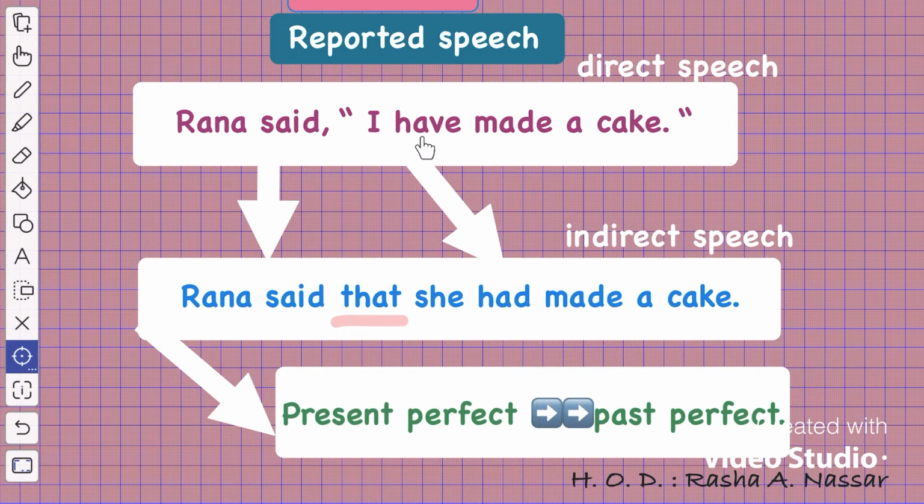So if you see have or has, they will be changed into had. So here the present perfect changes into past perfect.